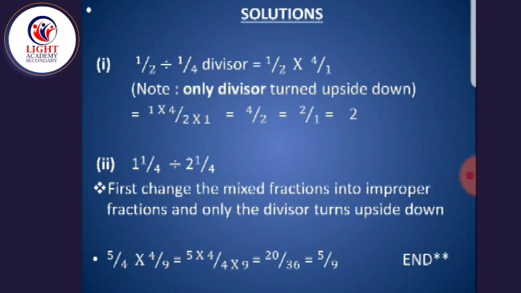So this will give us 5 out of 4 times 4 out of 9. After that, we multiply 5 and 4 together as our numerators, and we multiply the denominators 4 and 9 together. This will give us 20 out of 36, and on simplification we get 5 out of 9.